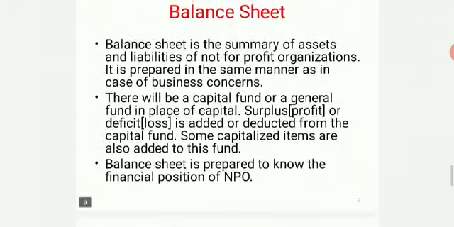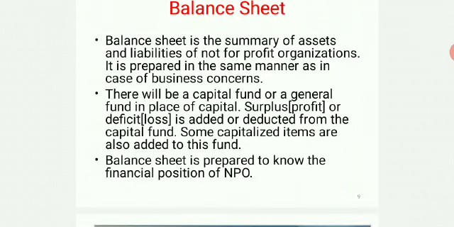Next financial statement is the balance sheet. The balance sheet is the summary of assets and liabilities of not-for-profit organizations. It is prepared in the same manner as in the case of business concerns. There will be a capital fund or a general fund in the place of capital.